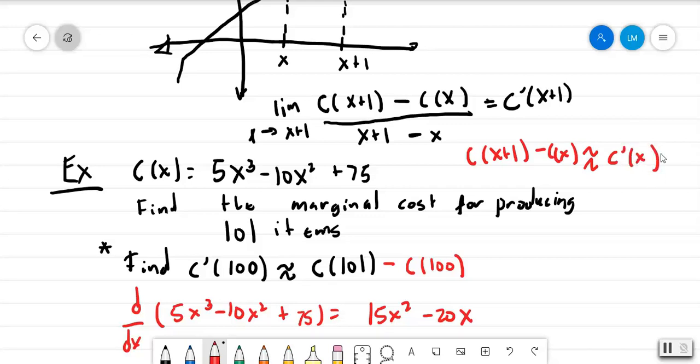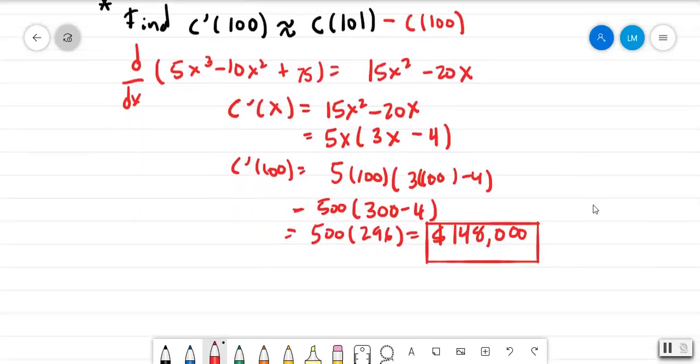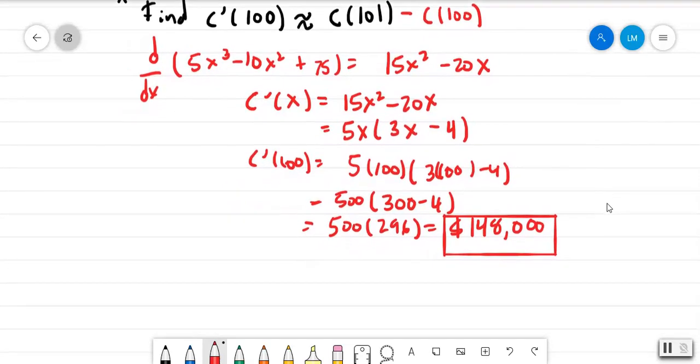Okay, alright, so when we took the derivative of this, I think it was supposed to be just c of x, but it's just notation, to be honest. But the point is that you understand that this derivative is actually equal to the change in the cost function, because apparently that's the algebraic way that you could do it, is just by taking the difference.